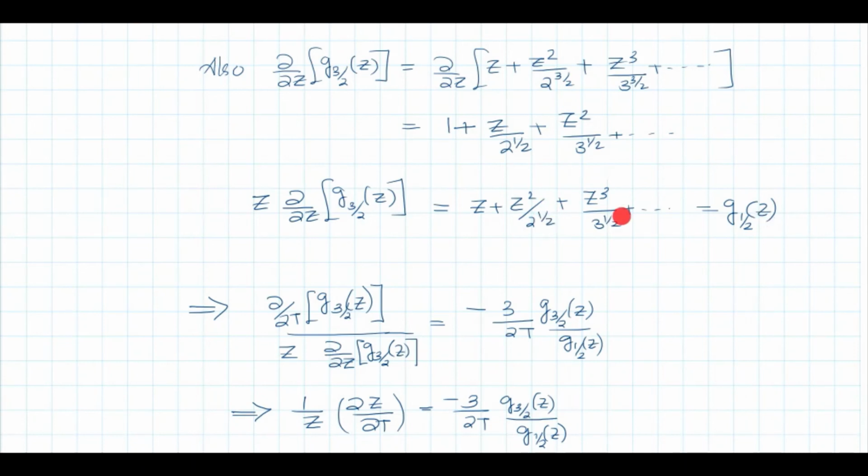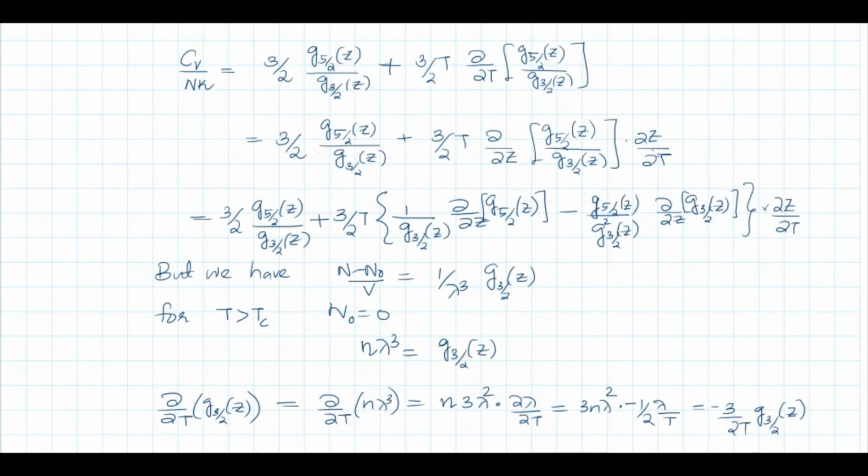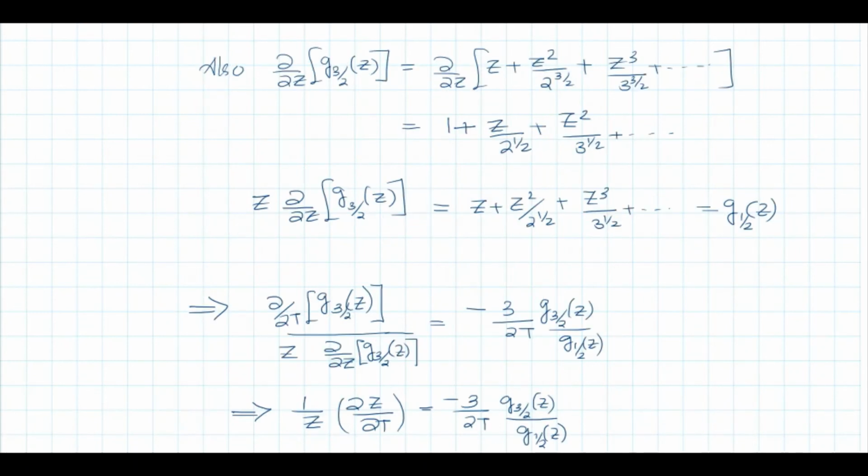That is, you have dou by dou t of g 3 by 2 z as minus 3 by 2t g 3 by 2 z, and z dou by dou z of g 3 by 2 z as g half z. Divide those two expressions, you will get minus 3 by 2t g 3 by 2 z by g half z.